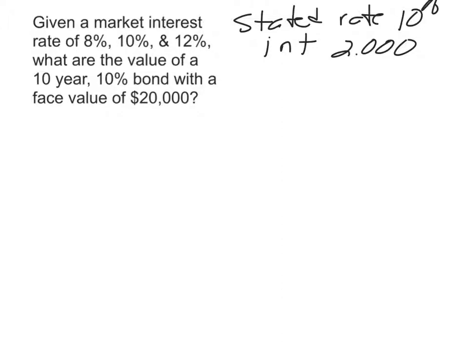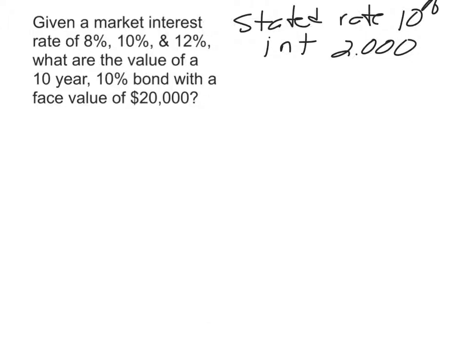The second thing we need to make sure that we understand with the bond is, first of all, there's going to be an annuity payment, which is going to be an interest payment. This is the $2,000 in interest that's going to be received. We need to know the present value of an annuity to find out what the value of those interest payments are.